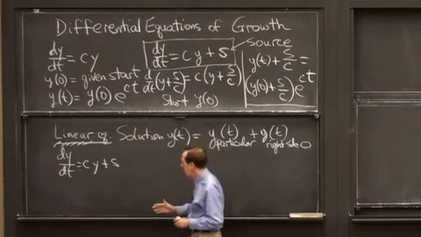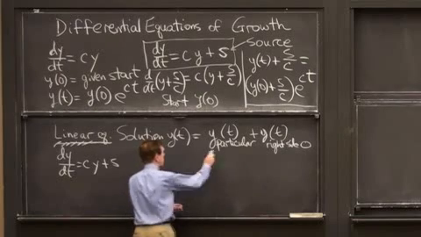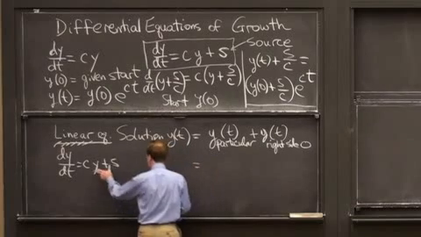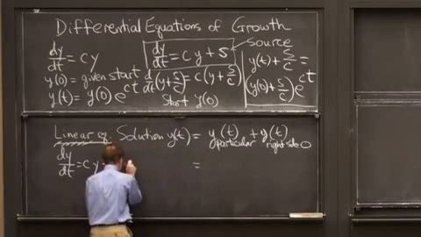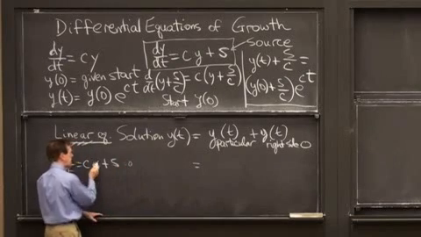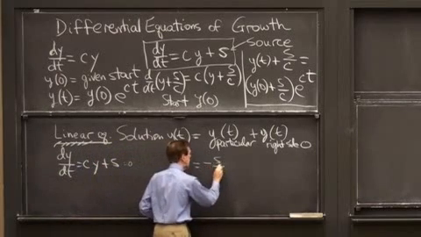I want the equation to be solved. I claim that a particular solution is the constant y, so when I set that to 0, I'll move the s over as minus s, I'll divide by the c, and I'll have a minus s over c.